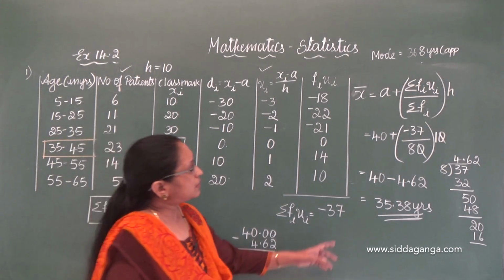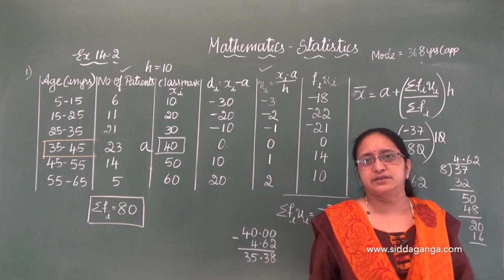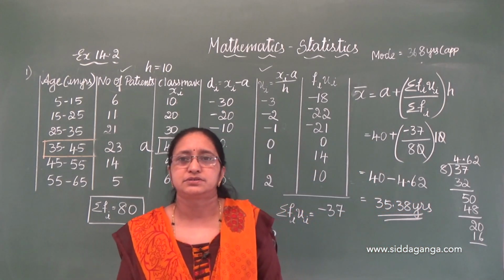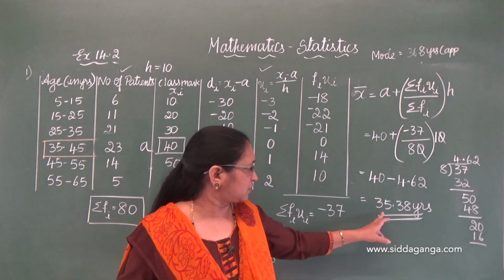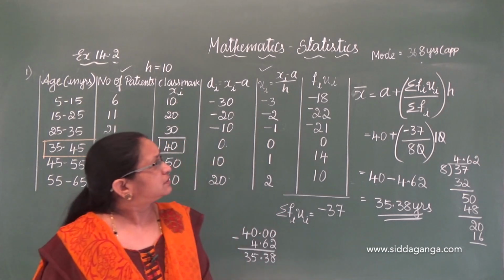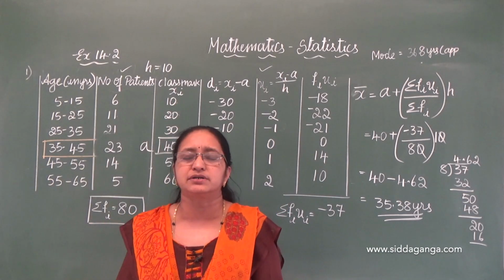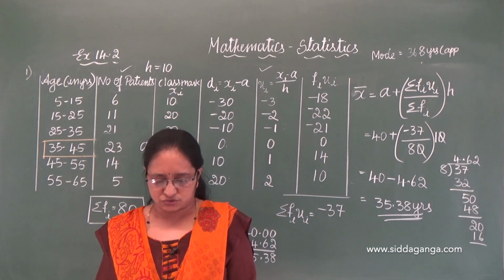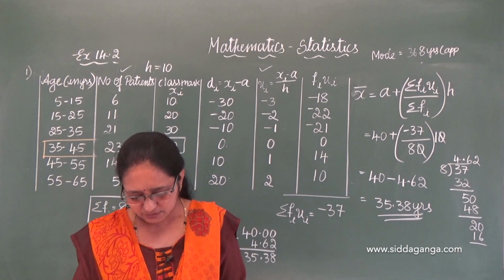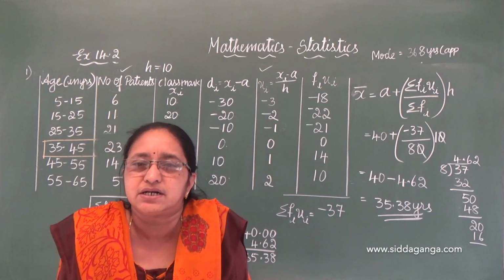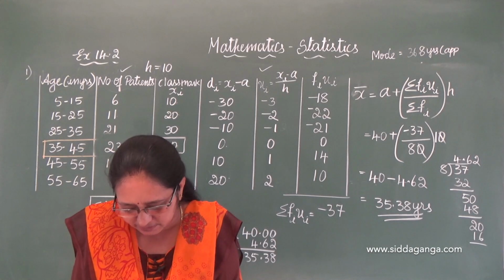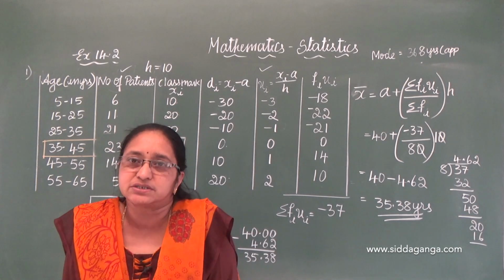Now how will you interpret it? The mean we got is 35.38 years and the mode is 36.8 years. You have to write both things, because the next part says compare and interpret the two measures of central tendency.